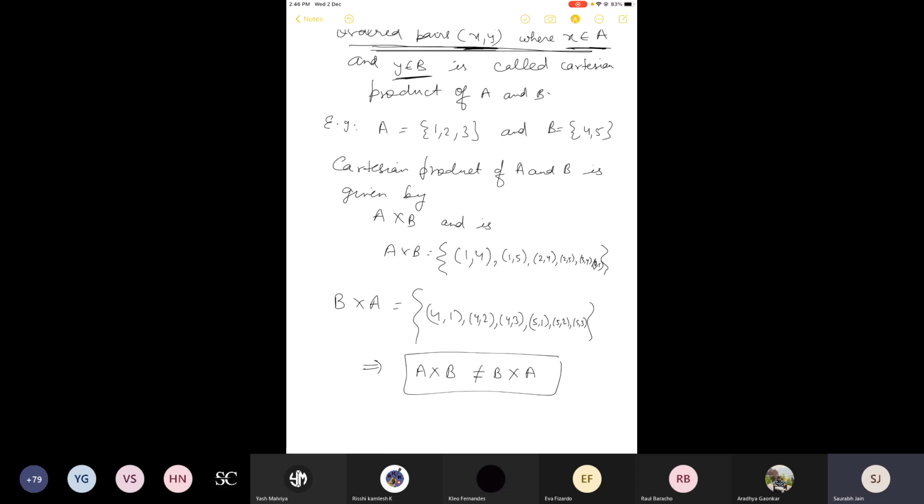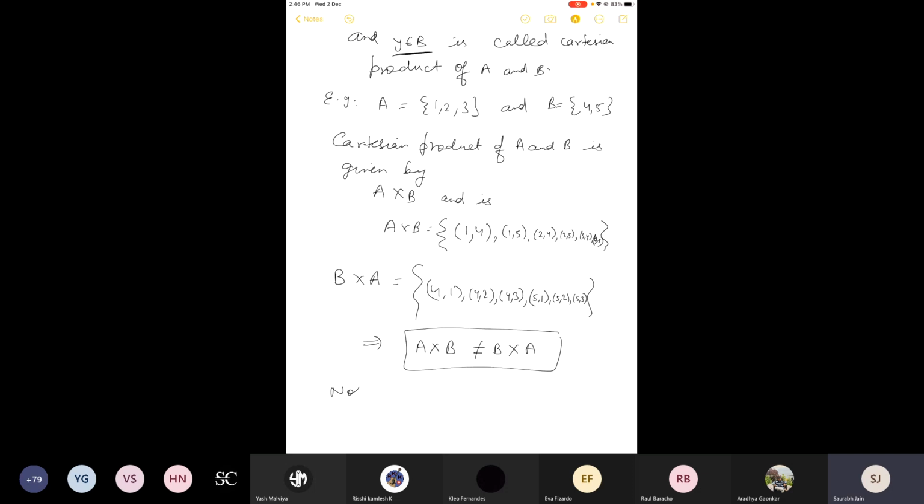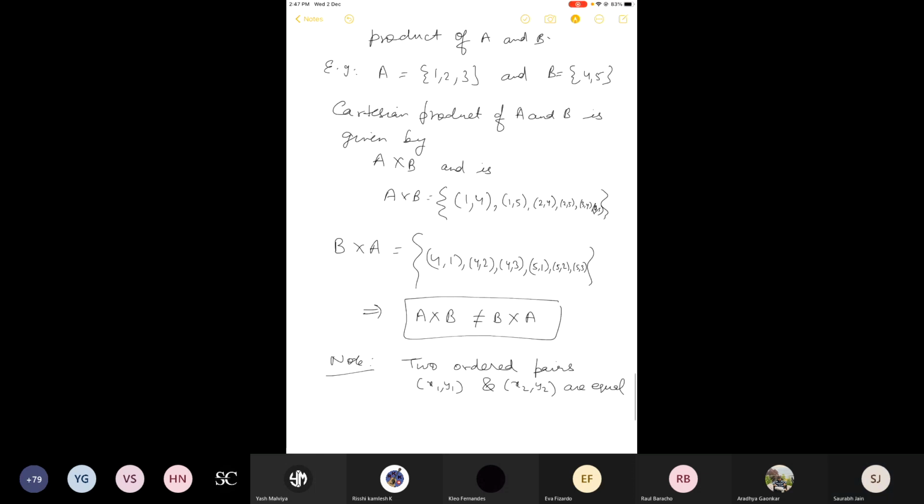I cannot say that 1 comma 4 and 4 comma 1 are one and the same thing. They are different things. Okay. I will write here also: two ordered pairs x1 y1 and x2 y2 are equal if and only if the corresponding values are the same.